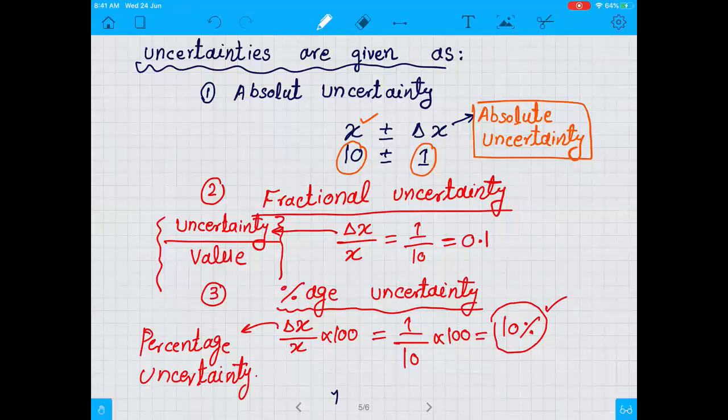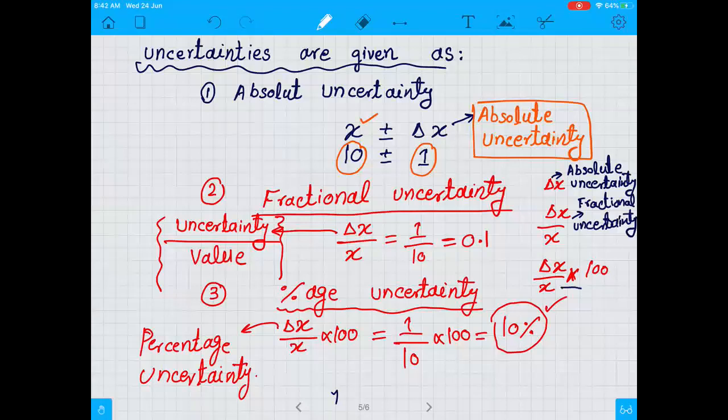So uncertainty can be written as absolute uncertainty, or fractional uncertainty, or percentage uncertainty.